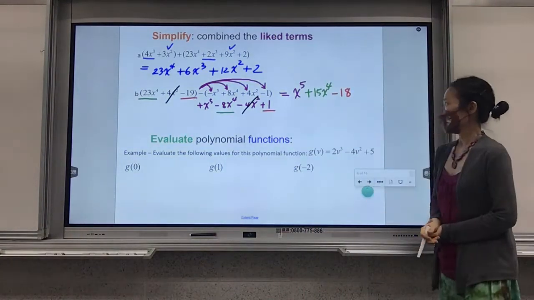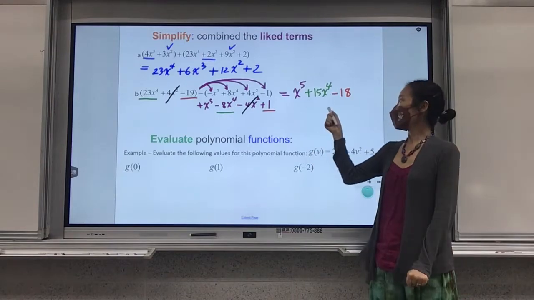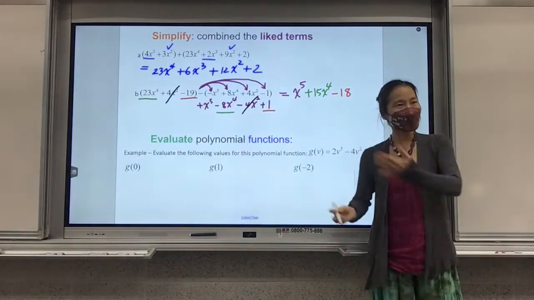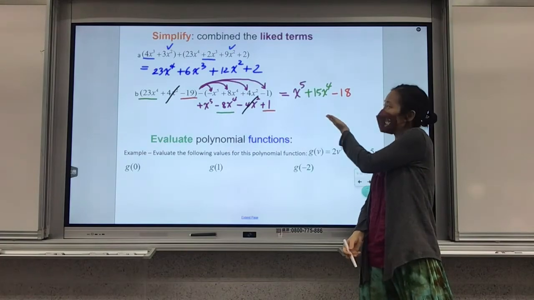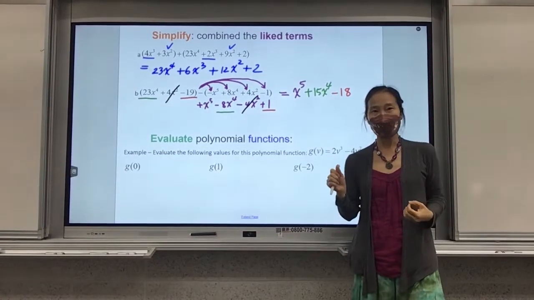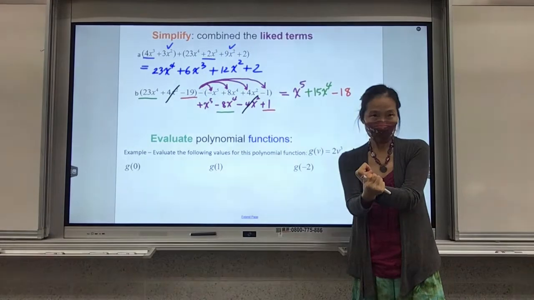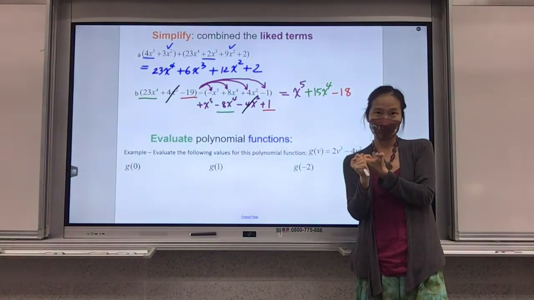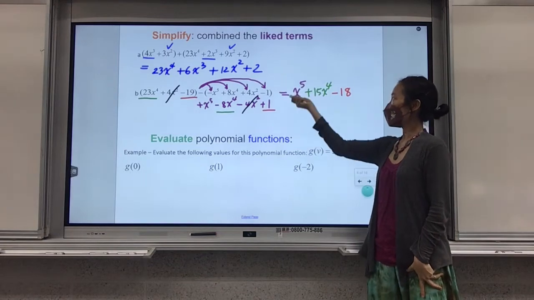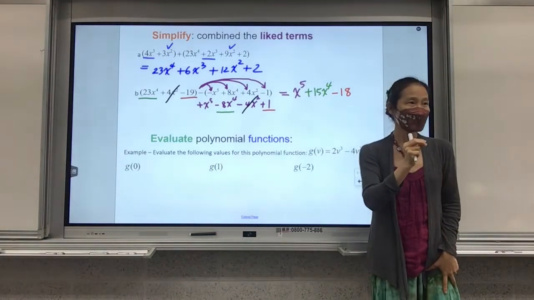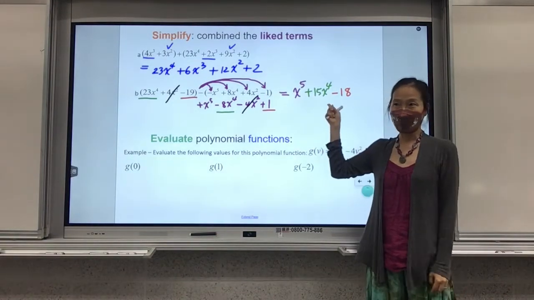Great. So describe the name. How would you categorize this? We can categorize a polynomial by number of terms or by the degree. If I want you to categorize this by number of terms, what would you call this? Trinomial.